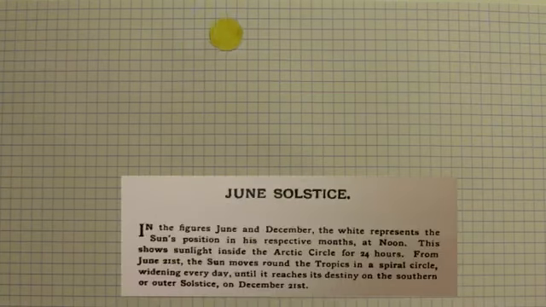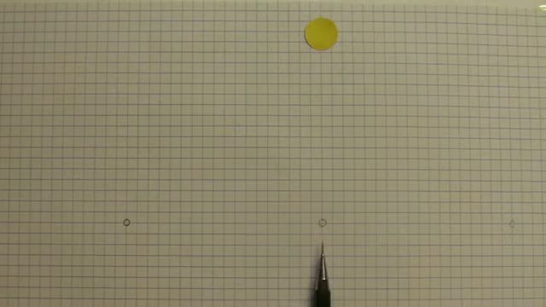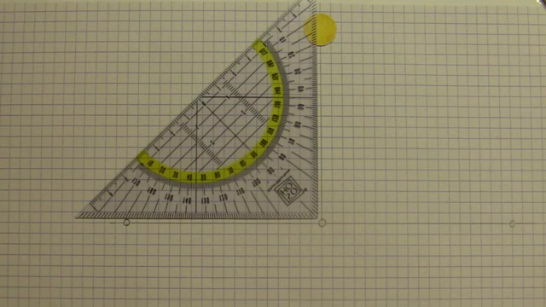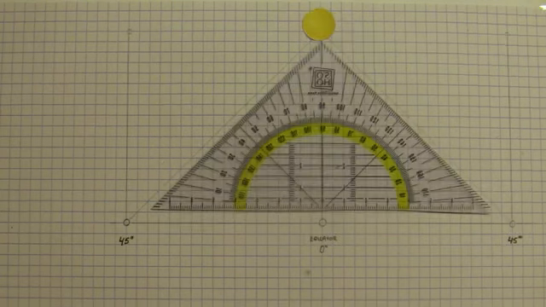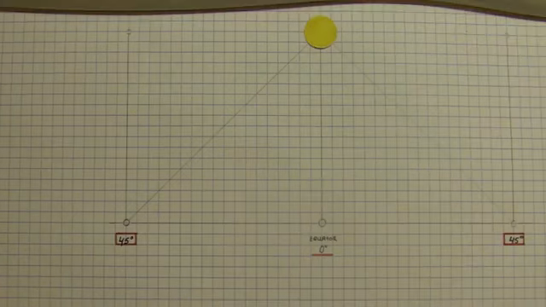Long time ago, they realized the sun moves to the north during the summer season and it moves back to the south during the winter season. So they pinpoint the exact location to the north, same as the south, and the center. The center is exactly 90 degrees and they call it the equator, and the other two locations are 45 degrees to the sun when the sun is at the center of the two locations.